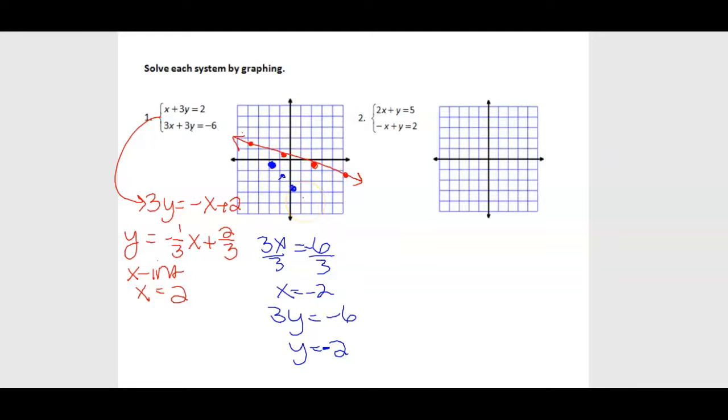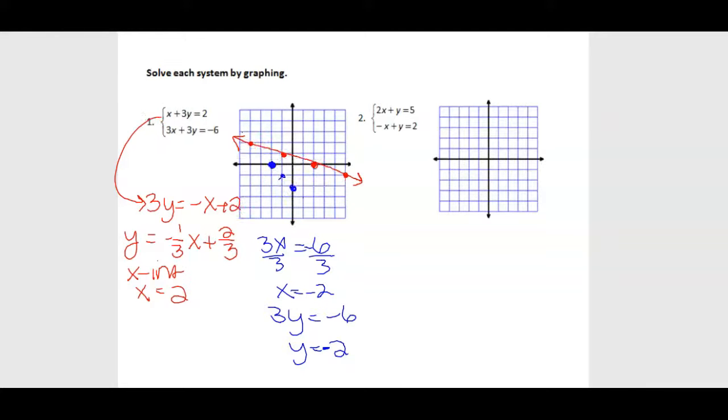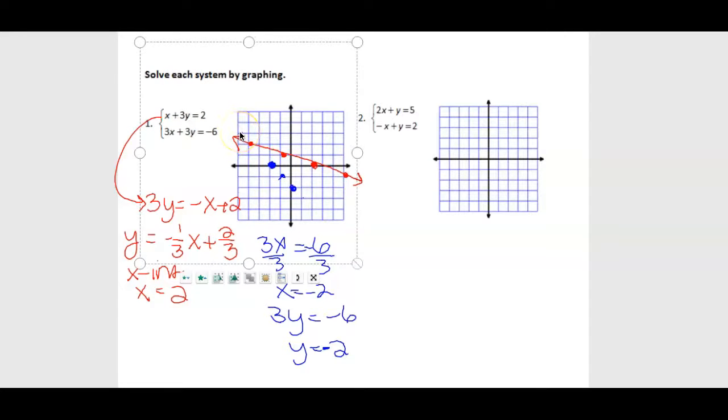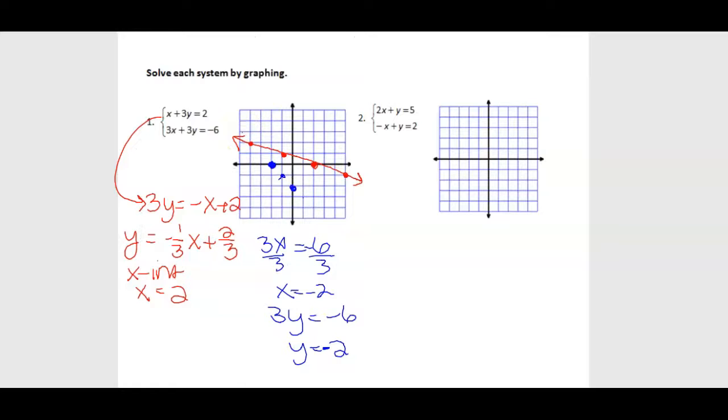What we should notice is that my two graphs will intersect at the point negative 4, positive 2.